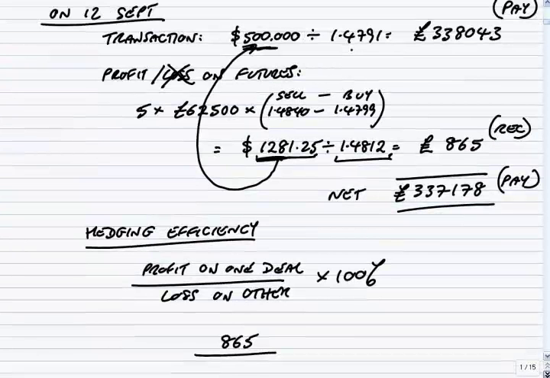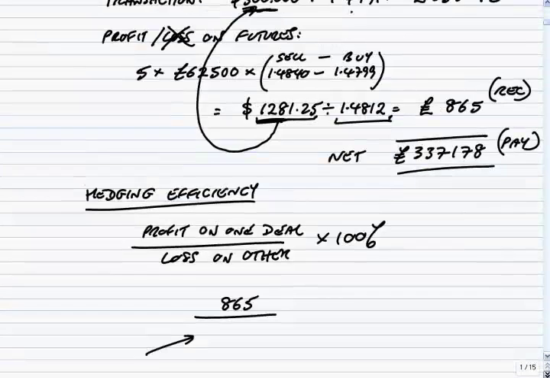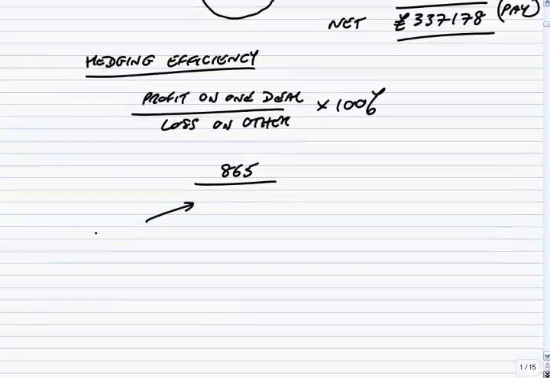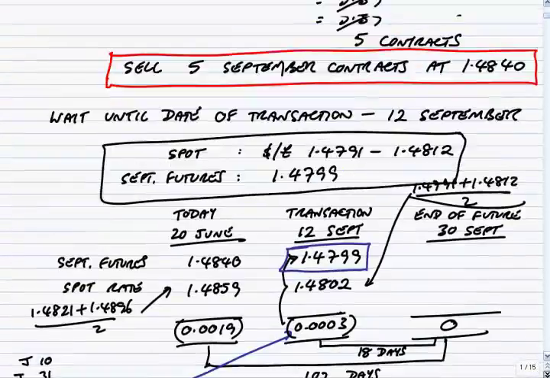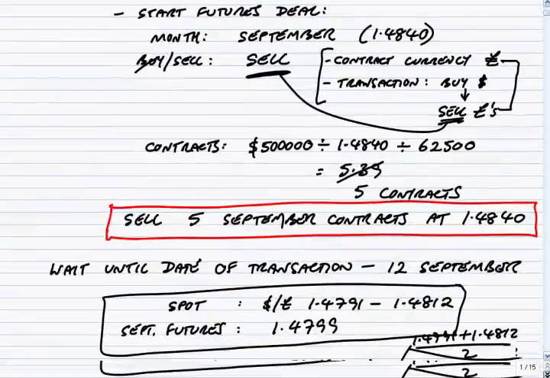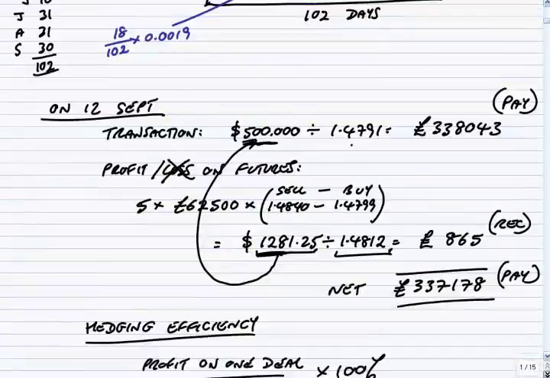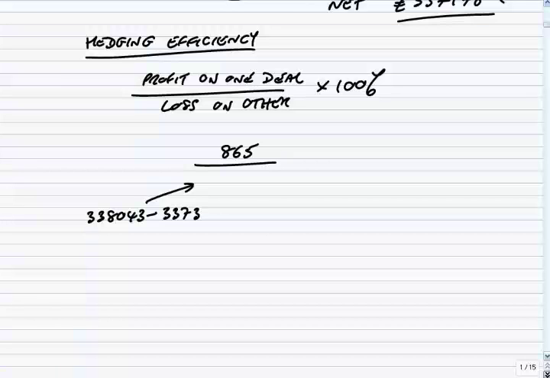It was the transaction itself we lost money, because we ended up having to pay 338,043, whereas at today's rate we'd have only been paying 337,359. And so we've had to pay more. In that sense, we've made a loss.